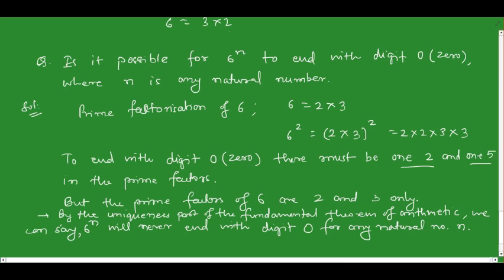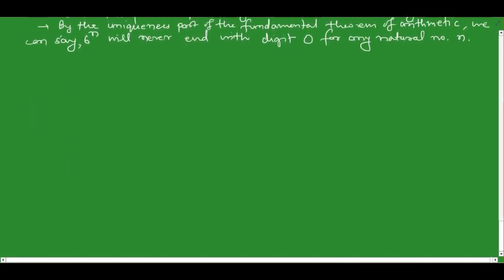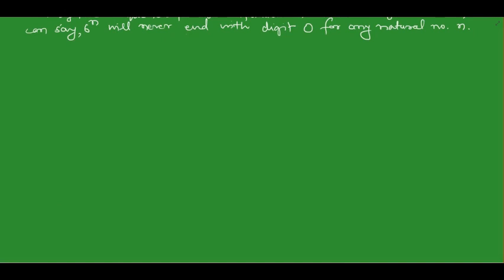Now let's move ahead. After fundamental theorem of arithmetic, one thing we have proven this. Now in this chapter, the next topic is revisiting irrational numbers.